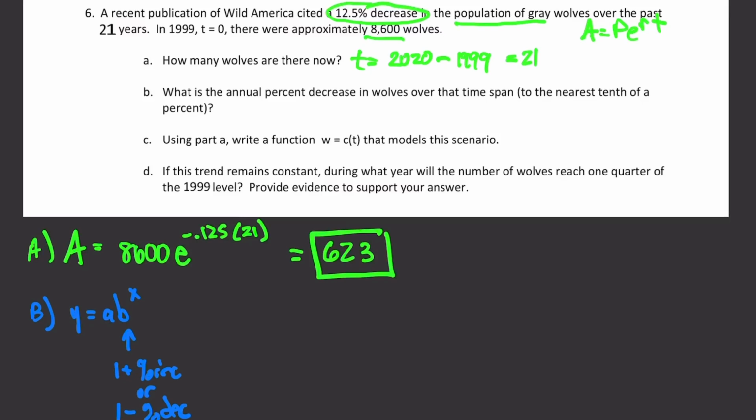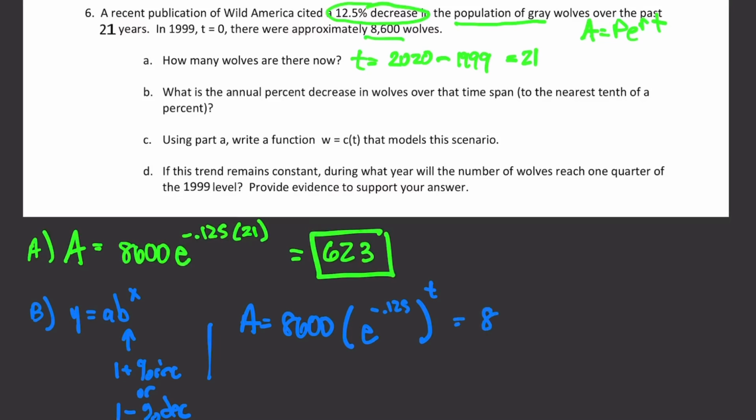So if I want to find the percent decrease, I got to get this formula to look like y equals ab to the x. So basically what I need to do is bring everything inside my b term other than t, or your exponent. So this is going to be e to the negative 0.125, and I'll leave my exponent on the outside. So I'll just call that t.